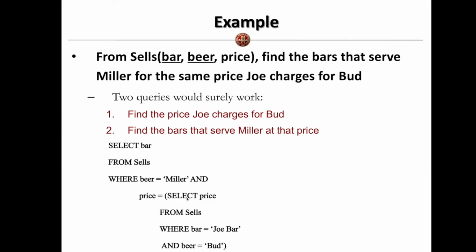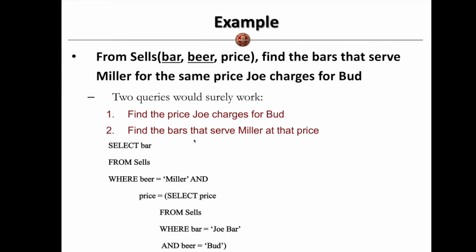In other words, we can use this intermediate result as a scalar. So remember, we have parentheses. These parentheses denote a subquery, and we use price equals parentheses with the select from where statements as in the bottom. We are matching the price with the return result from this statement.